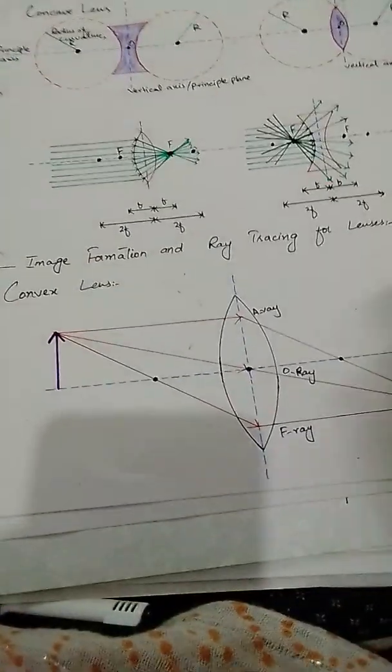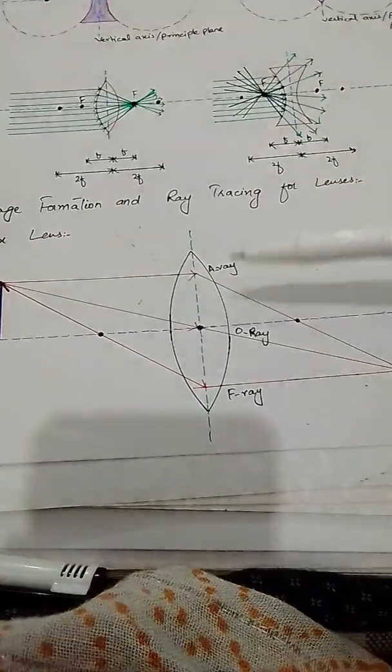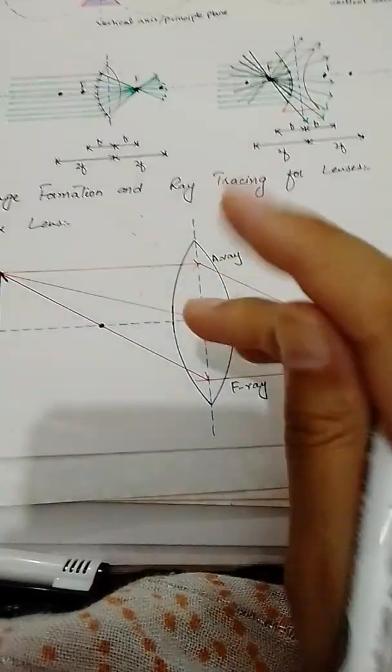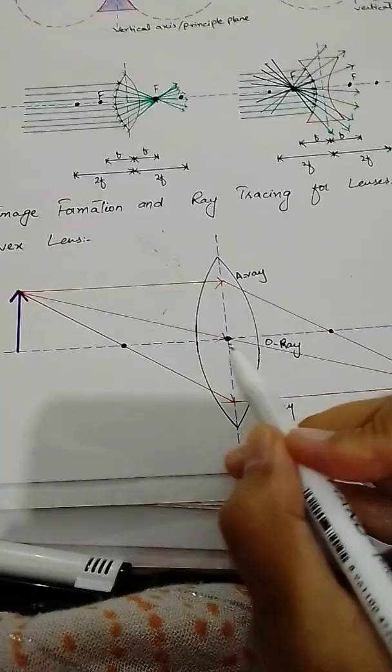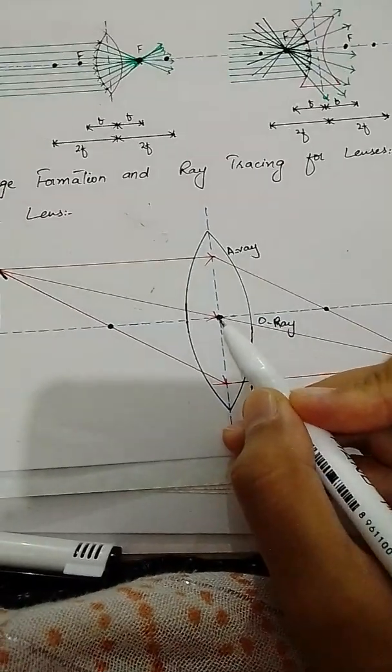Coming to our points, in the case of mirrors, we had studied four kinds of rays. But there is no center of curvature here, so there won't be any ray passing through the center of curvature, and we're not going to use that kind of ray. So we are left with three kinds of rays. The P ray has now become the O ray.